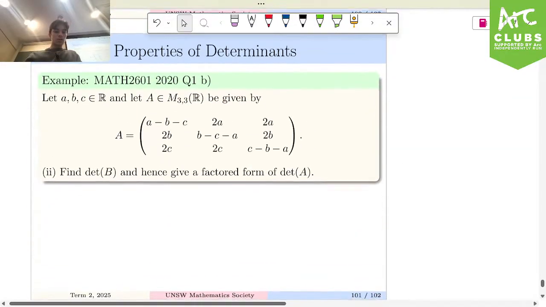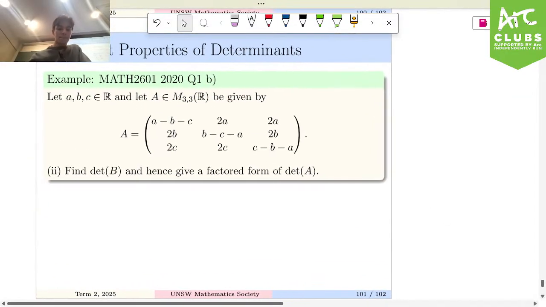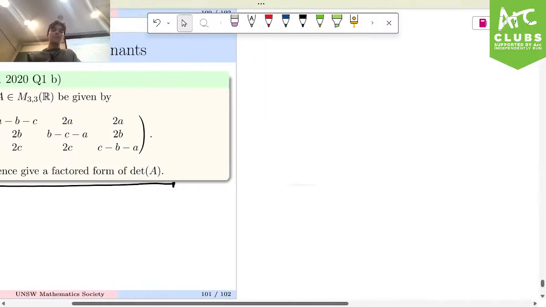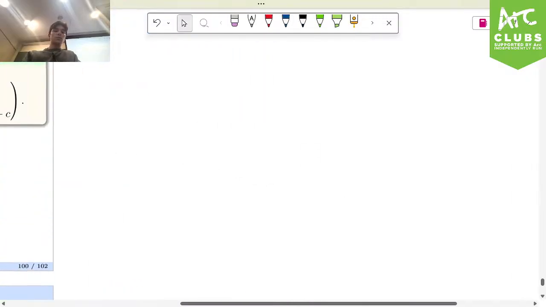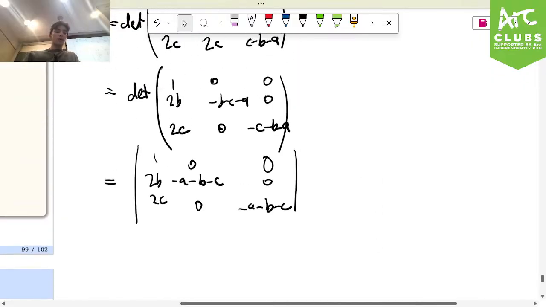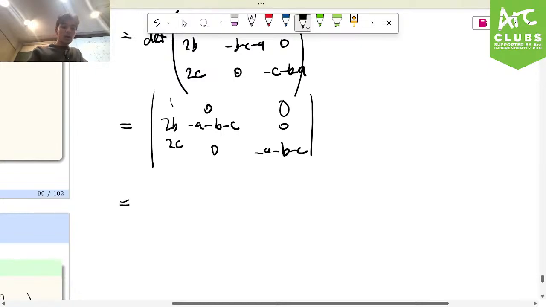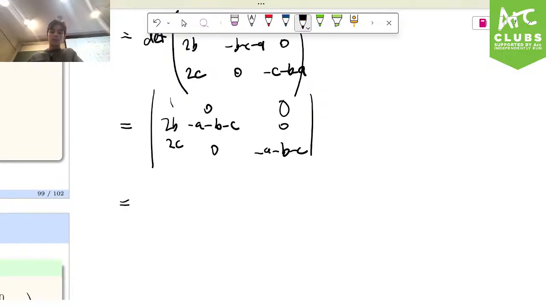So that's the solution. And next we're asked to find the determinant of B, and hence give a factored form of the determinant of A. So we have this much sparser form of the determinant of B, right? And we can notice that this is actually a lower triangular matrix, right?